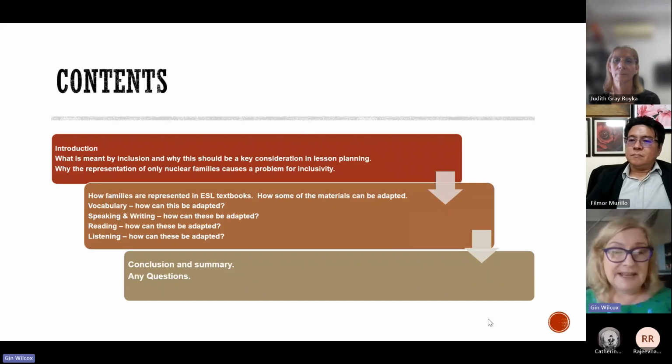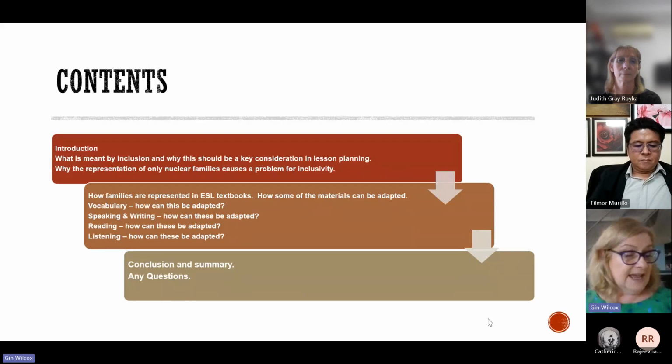Then I will examine how families appear in course books. I'll use specific examples and then give some ideas about how these might be adapted, and I will welcome any questions and comments at the end.